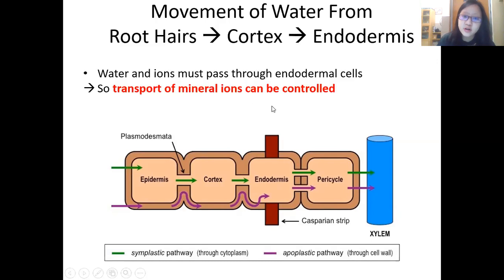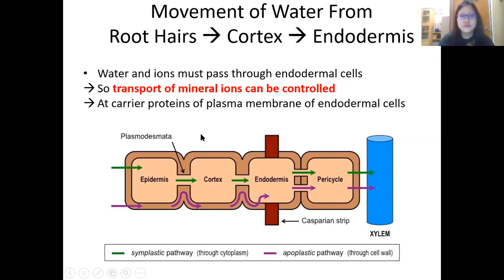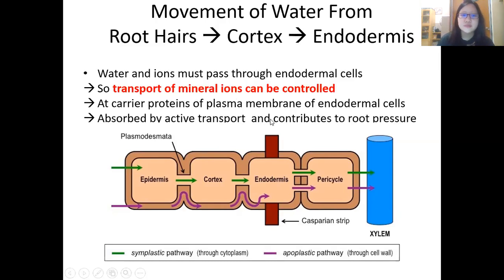So transport of mineral ions can be controlled at the endodermis, specifically by the carrier proteins of the plasma membrane of the endodermal cells. Because these are mineral ions, they cannot pass freely through the cell surface membrane. They are absorbed by transport and can contribute to something called root pressure. The root pressure is something we will cover next video. Stay tuned.